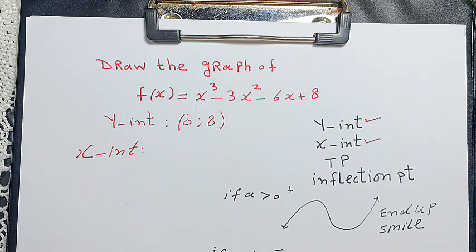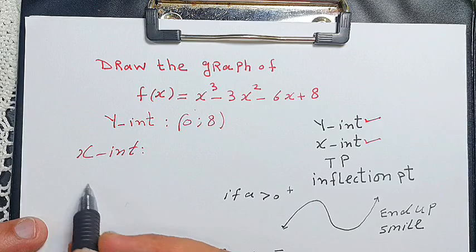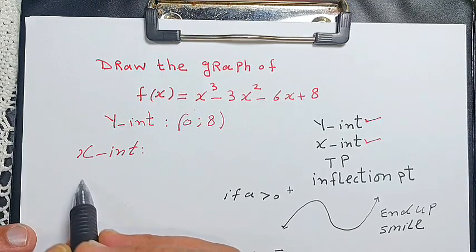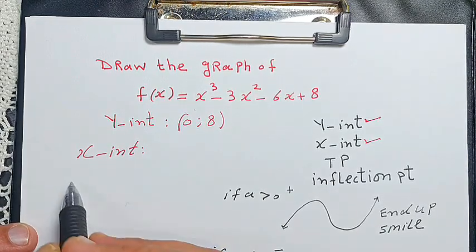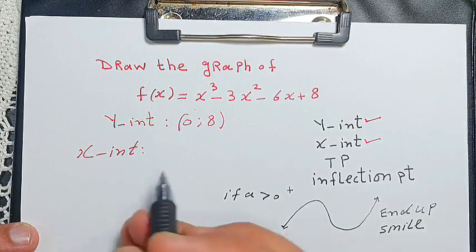So first we need to use the factor theorem. First I'm going to show you by calculation. The factors of 8 we need to write. This one you don't need to show in the exam, but only here, for explanation purposes I want to show you.